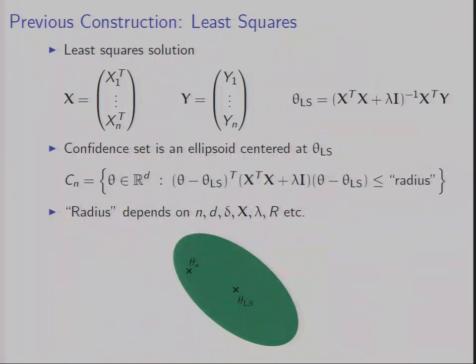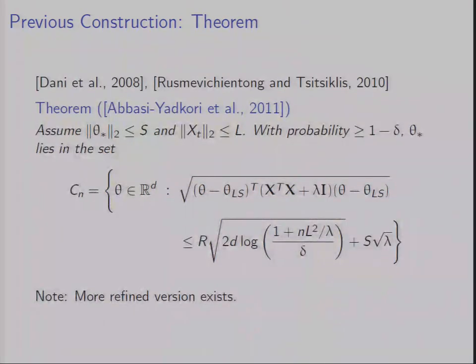And it can depend also on the data itself. So here is a particular example. Many people worked on this. There is, for example, a paper by Dani et al., then Rusmevichientong and Tsitsiklis, who derived some bounds, and we worked on this also. We had a paper at last year's NIPS where we basically derived a shape of the ellipsoid like that.